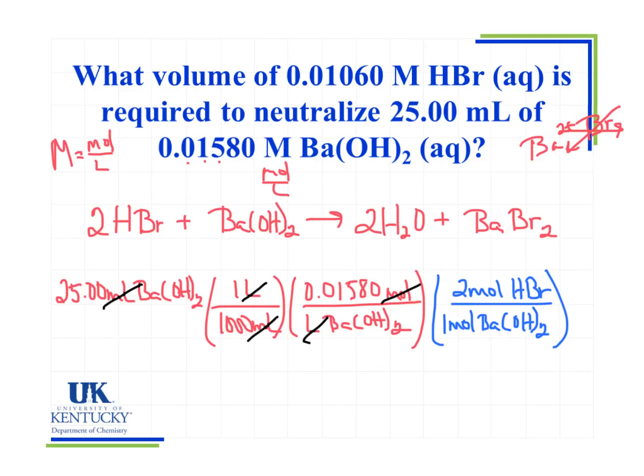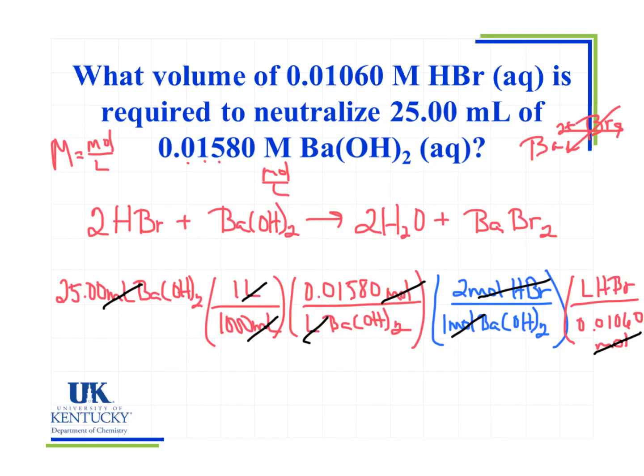Now if I look, my moles of barium hydroxide cancel with one another. Now I'm left with moles of HBr. And now I can actually figure out the volume of HBr because I know the concentration. I'm also going to rewrite that in terms of moles over liters, but this time I'm going to have to put the moles on the bottom because now I want the moles to cancel out, so my moles of HBr cancel with moles.